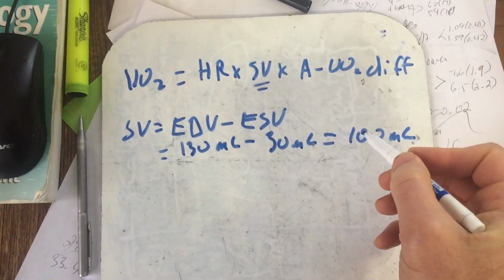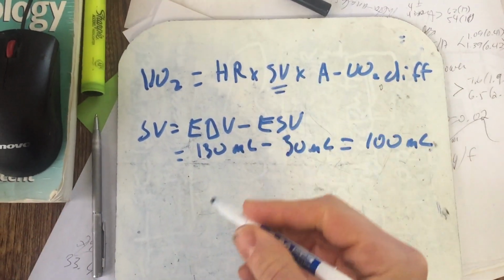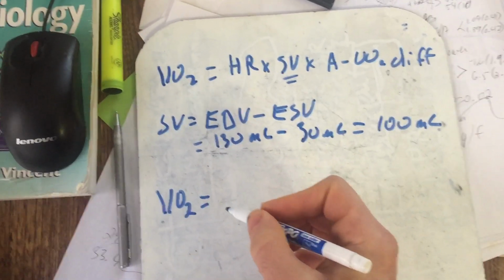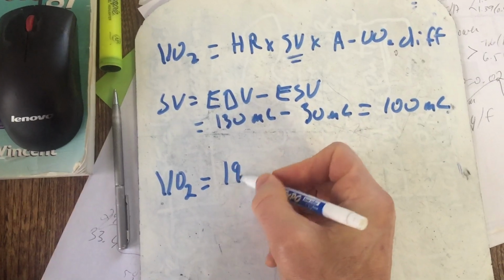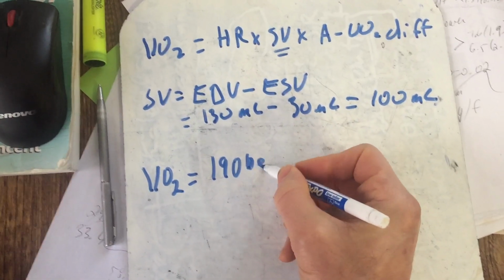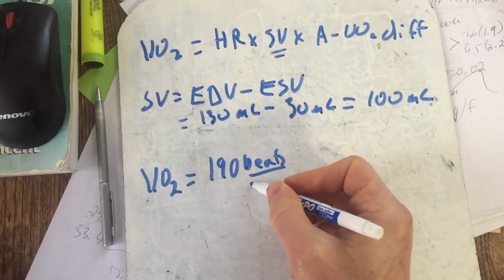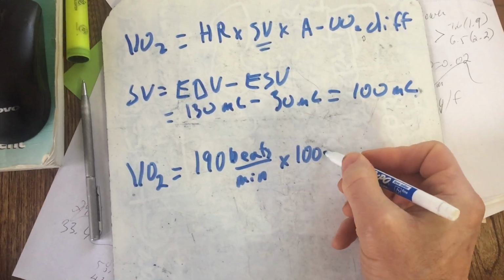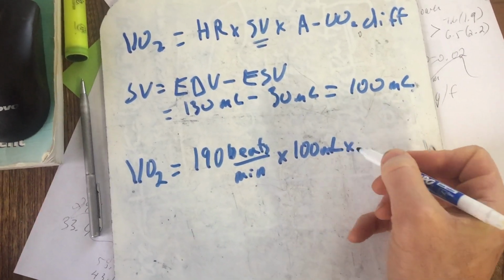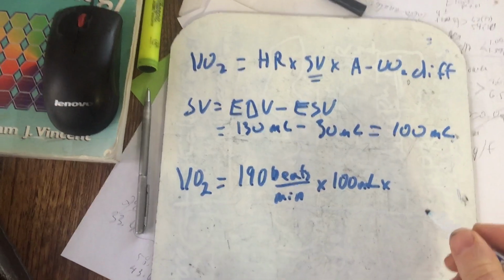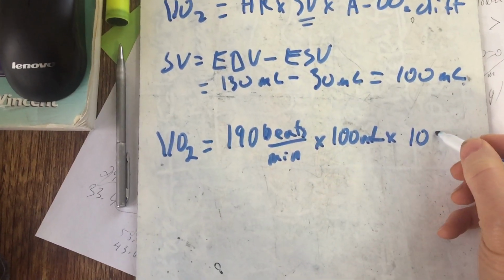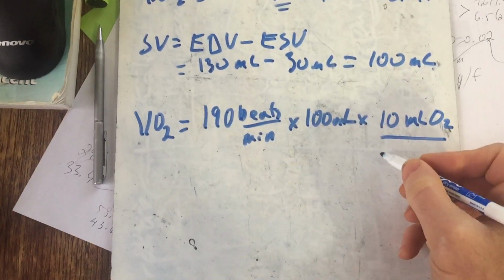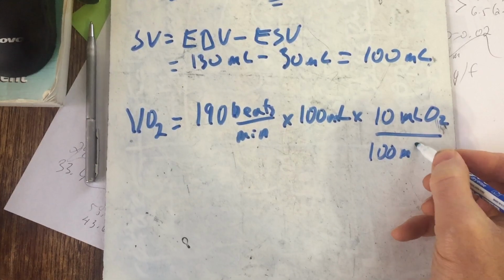So now you just have to plug this into the VO2 equation to solve for VO2. So VO2, your heart rate was 190 beats per minute, multiplied by your stroke volume, which is 100 milliliters, multiplied by your AVO2 difference, which is 10 milliliters of oxygen per 100 milliliters of blood that's delivered past the muscle.